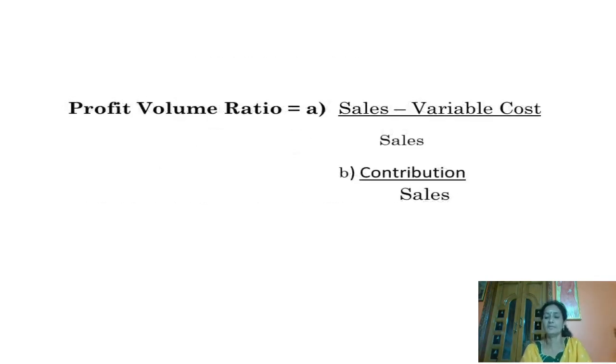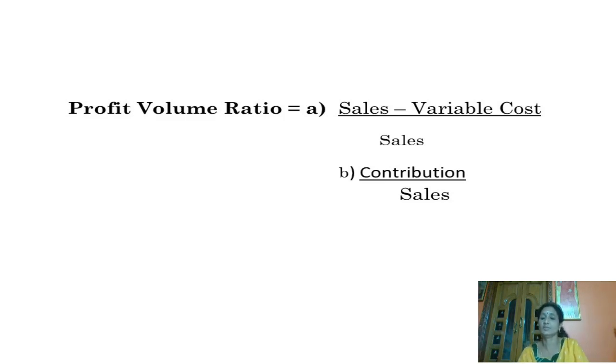Next, if you want to find out profit volume ratio, that is PV ratio, it tells at what percentage you have to fix this ratio. Profit volume ratio is equal to sales minus variable cost divided by sales.